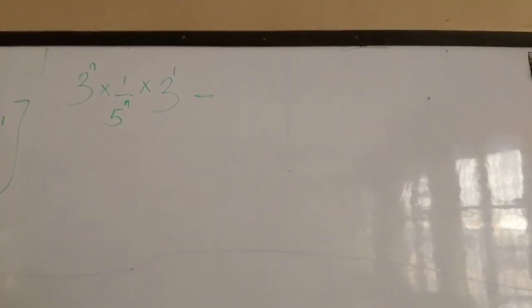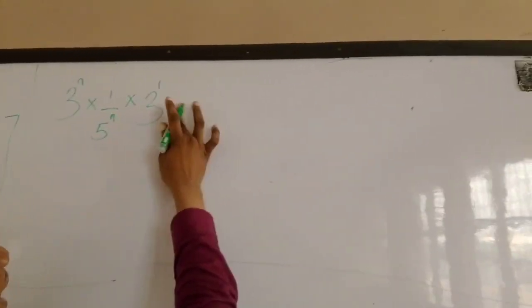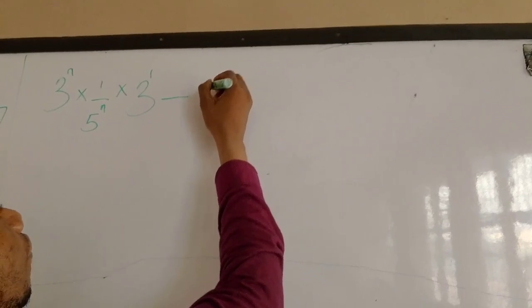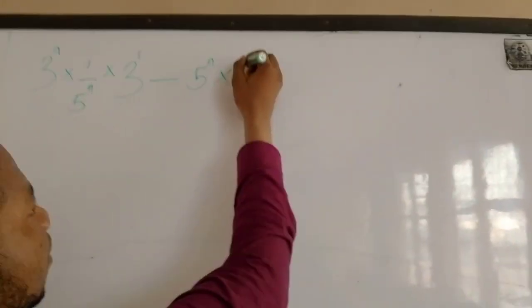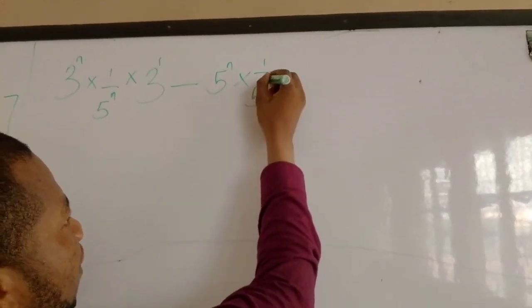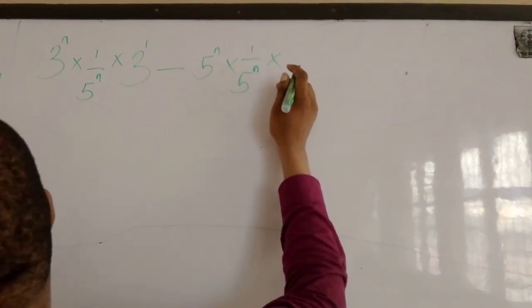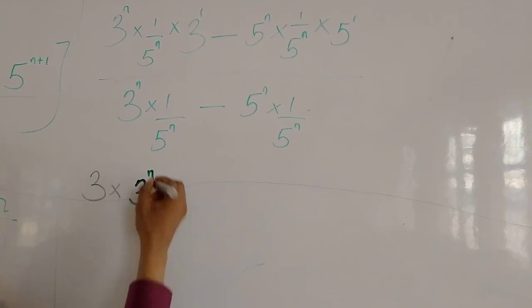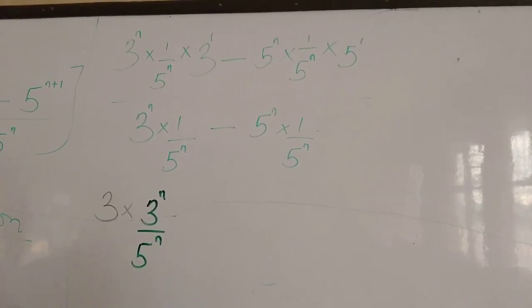Then minus, what I did here is also what I'm going to do here. Minus 5 raised to power n, multiplied, just like what I did here, by 1 over 5 raised to power n. Then multiply by what? 5 raised to power n over 5 raised to power n.